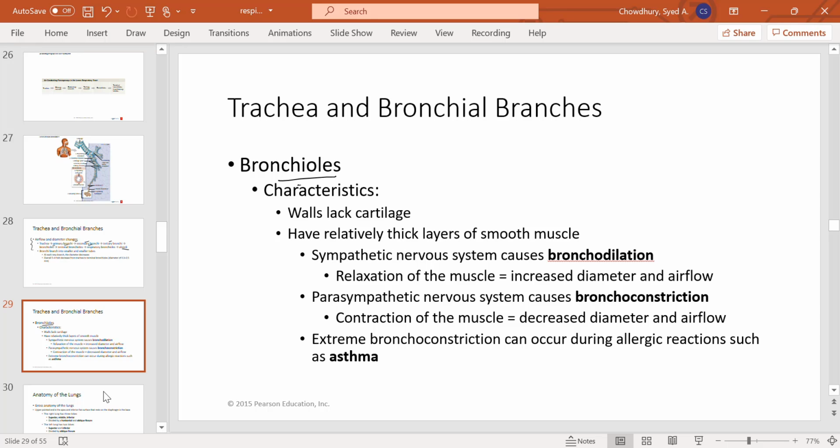Now, the wall of your bronchioles has smooth muscle. So the smooth muscle can contract or relax. In some conditions, the smooth muscle in the wall of the bronchioles can contract, and in some conditions it would relax.